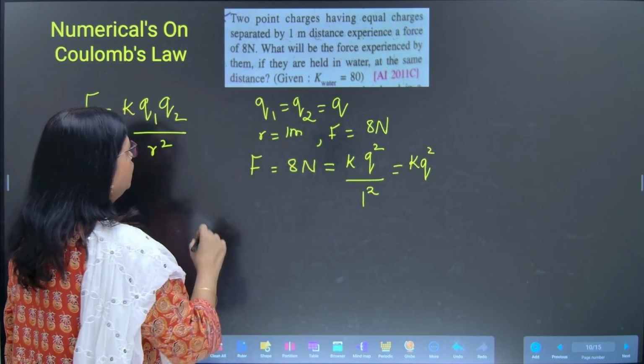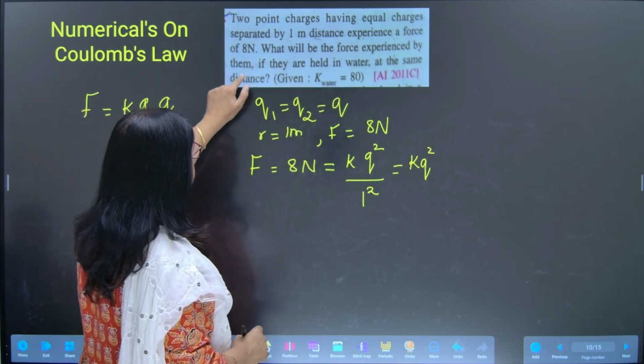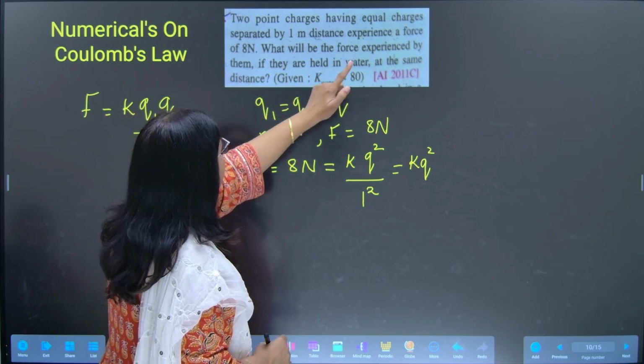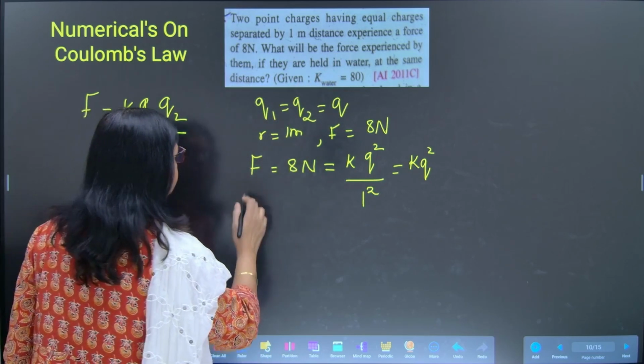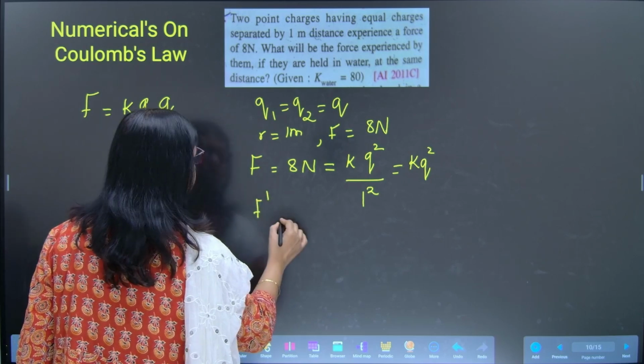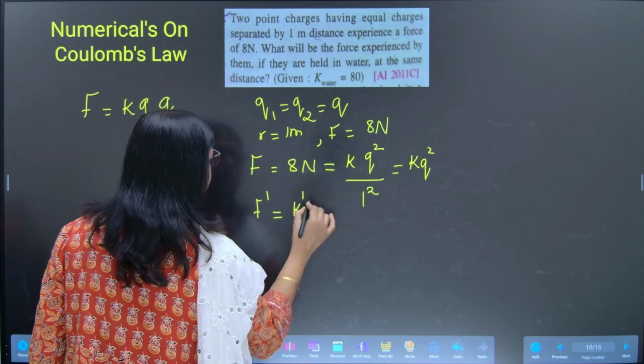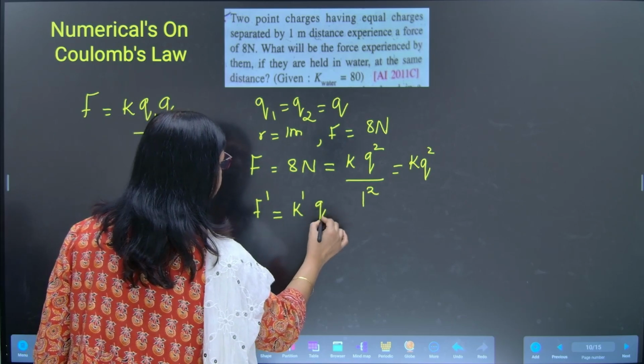In the other part of the question, it is asked what will be the force experienced by them if they are held in water at the same distance. So we have to find F dash, provided the charges are the same and the distance is also the same between them.